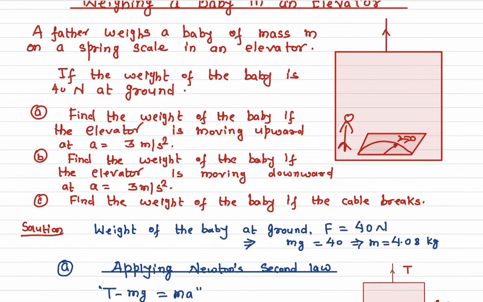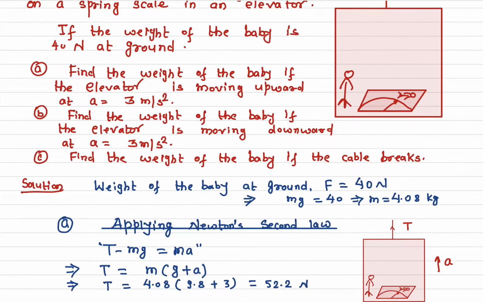And then he is again measuring the weight of the baby when the elevator is going down with an acceleration of 3 meter per second square. And also find out the weight of the baby if the cable breaks. So this would be disastrous, okay, if the cable breaks.